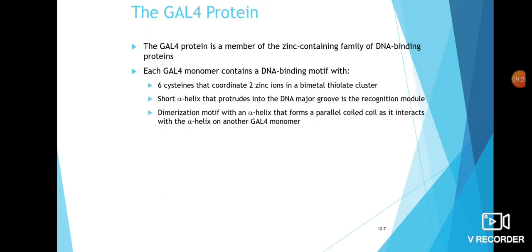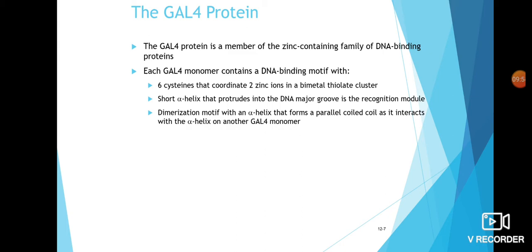Next comes another characteristic transcription factor, the GAL4 protein. GAL4 protein, I already discussed a little bit about this domain swap model, and it has a characteristic zinc module. What type of zinc module does it have? It is also a member of the zinc containing family of DNA binding proteins. Instead of having 2 histidine and 2 cysteine, it has 6 cysteine that coordinate 2 zinc ions in a bimetal thiolate cluster.